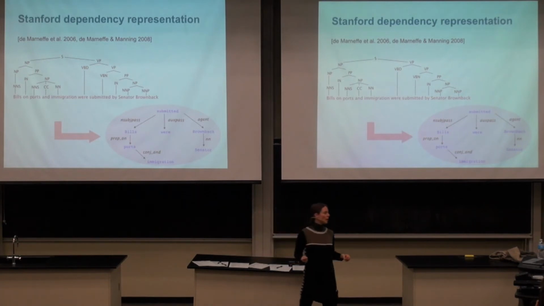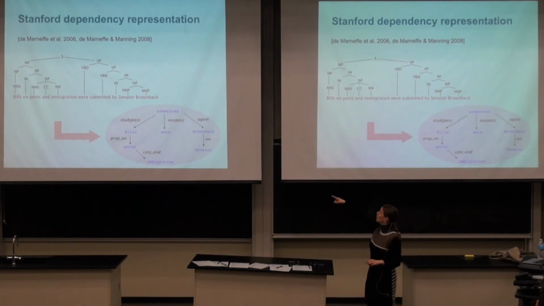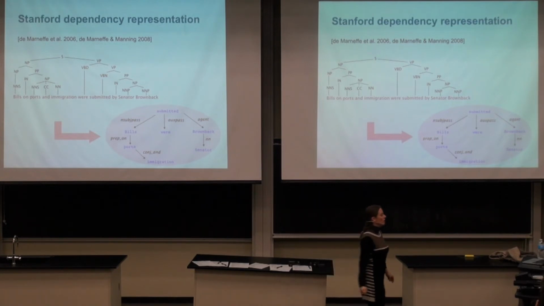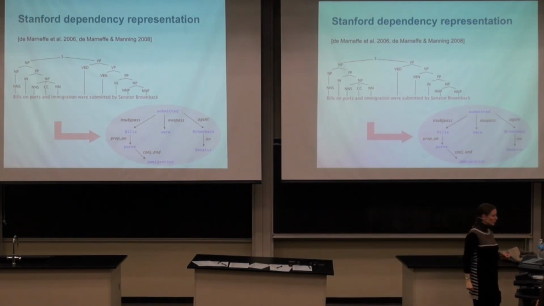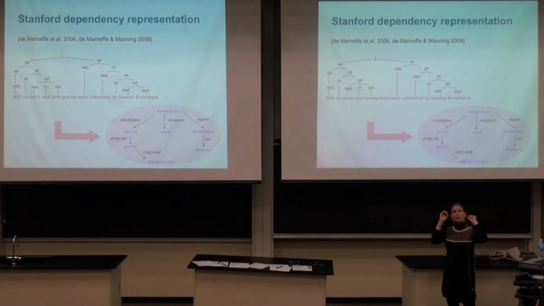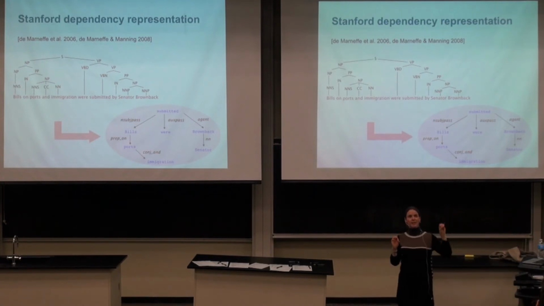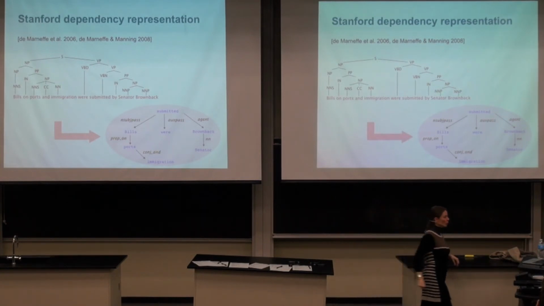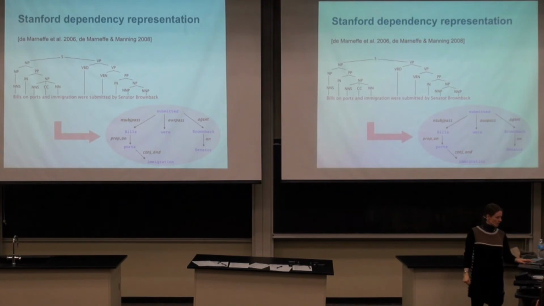And so, of course, to extract those grammatical relations, we use the Stanford dependencies, which, given phrase structure trees, gets you a semantic graph where every node in the graph is a word in the sentence, and an edge in the graph is the grammatical relation between two words in the sentence.